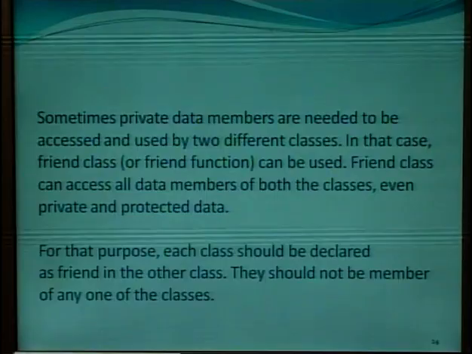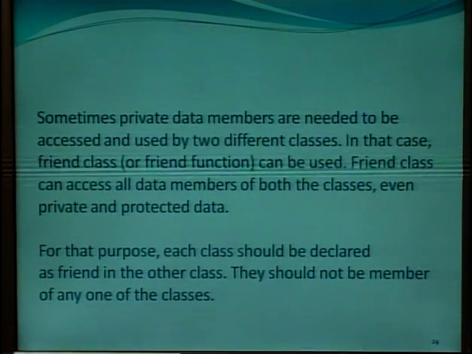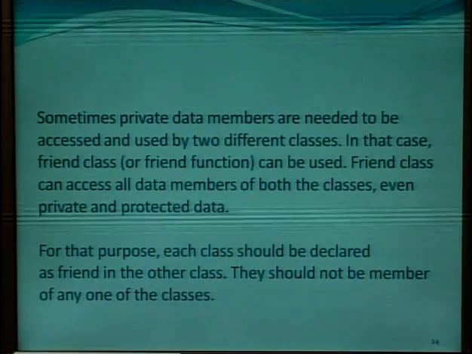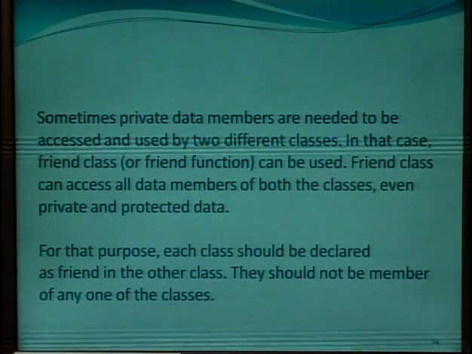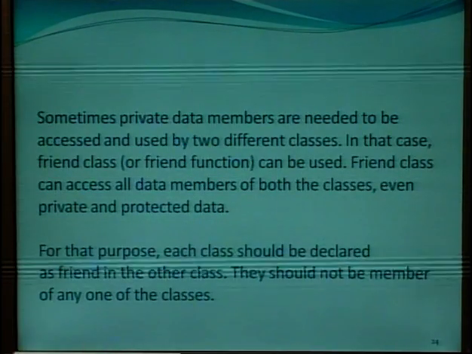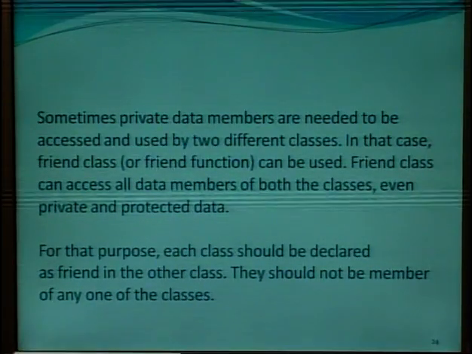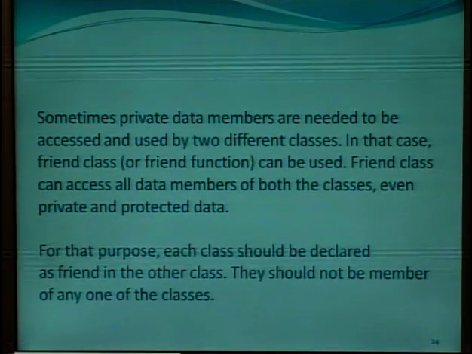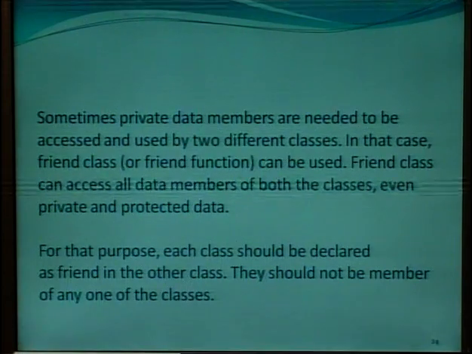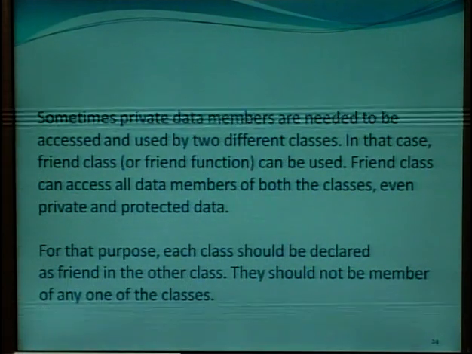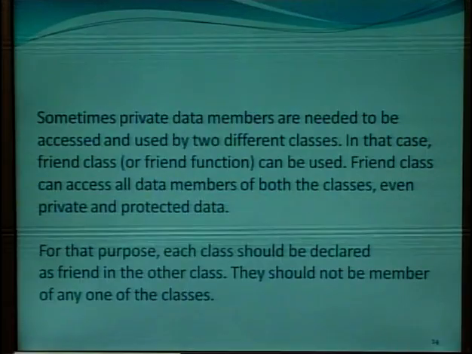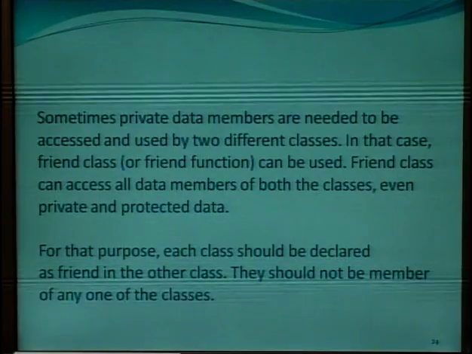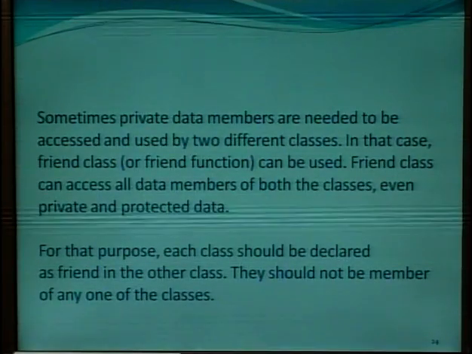In that case, friend classes or friend functions can be used. The friend classes can access all data members of both classes, even private and protected data. For that purpose, each class should be declared as a friend in the other class. There should not be a member of any other class. So, this is very important.